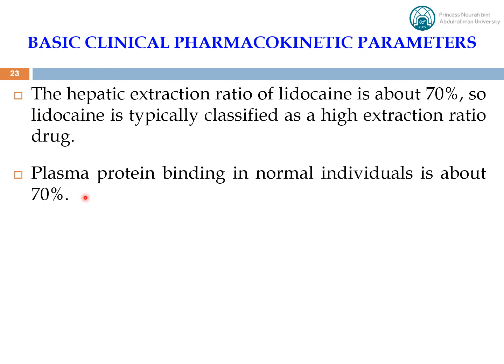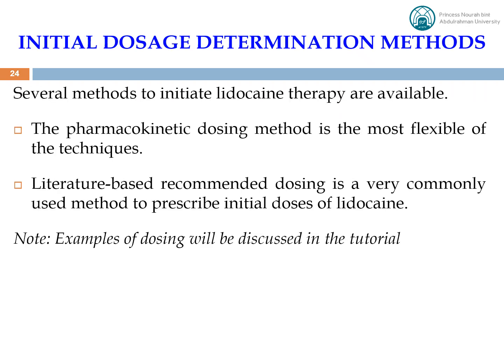Plasma protein binding in normal individuals is around 70%, which is relatively high compared with that of digoxin, which was around 3%.